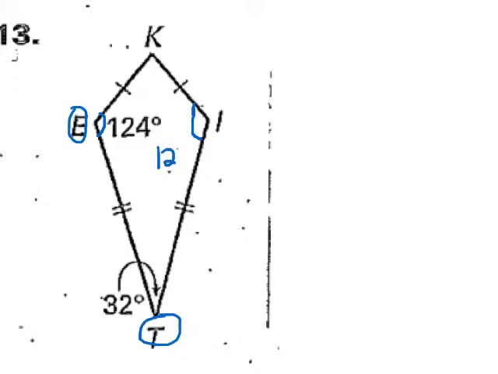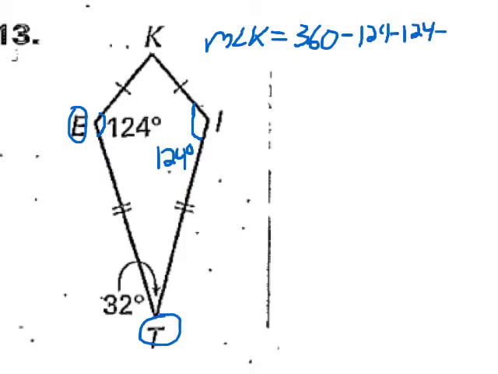and see that this angle is 124. And remember from polygons that in a quadrilateral all these must add up to 360 degrees. So if I want K, I take 360 and subtract 124, 124, and 32. So it looks like this. Measure of angle K equals 360 minus 124 minus 124 minus 32.